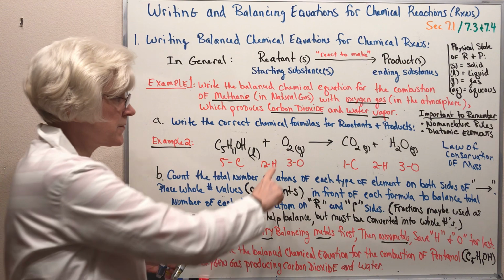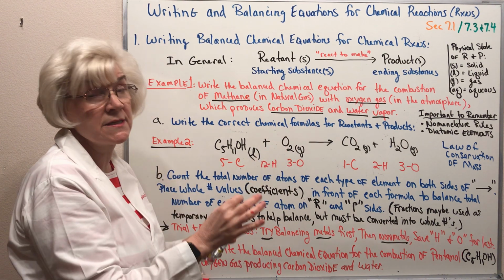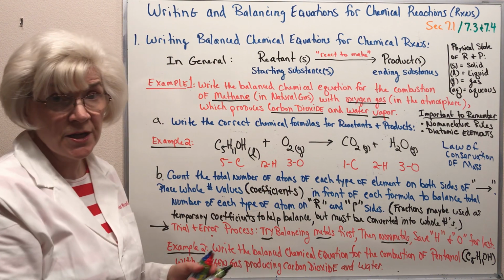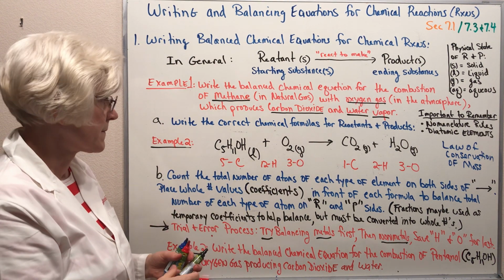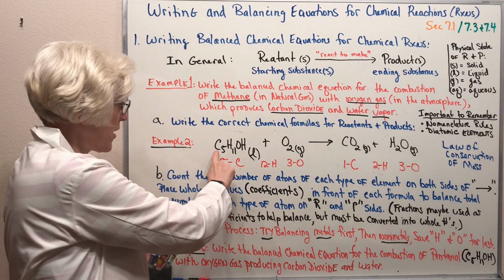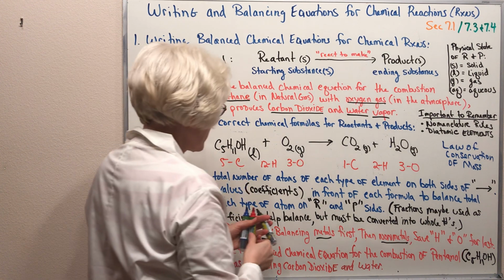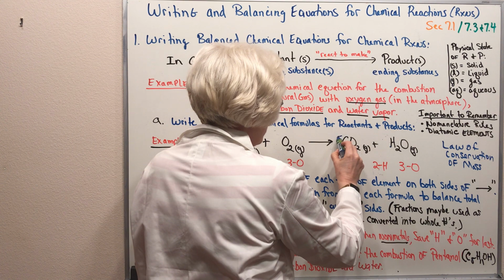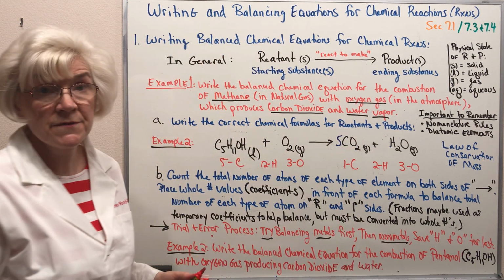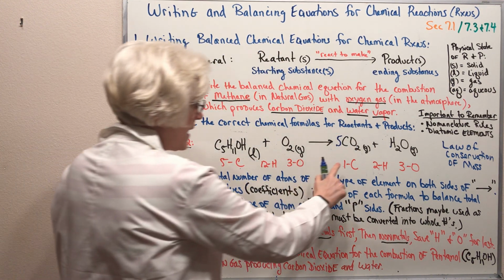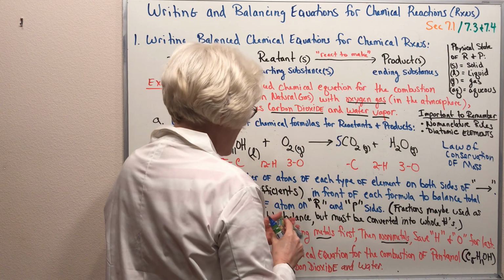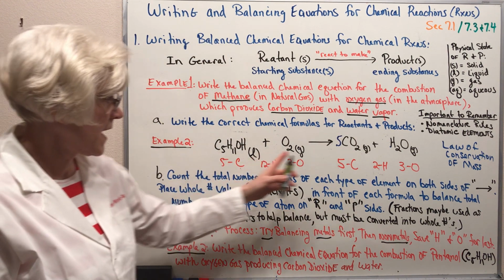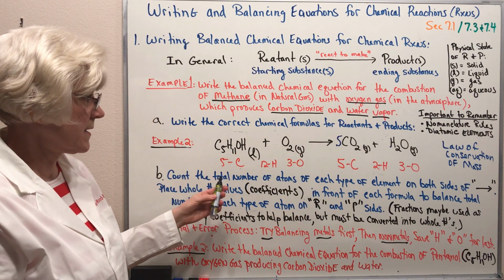So it's useful if you have something in an elemental state, especially oxygen, to save oxygen for the last. Right, so 5 carbon on the reactant side. I am going to put a coefficient 5 in front of the carbon dioxide, and immediately I have balanced the carbon atoms with 5 carbon atoms on each side.